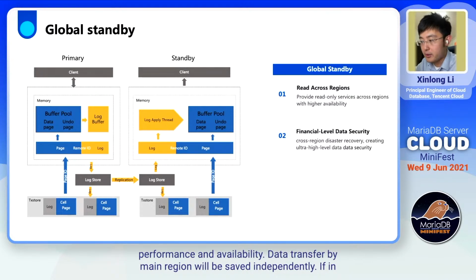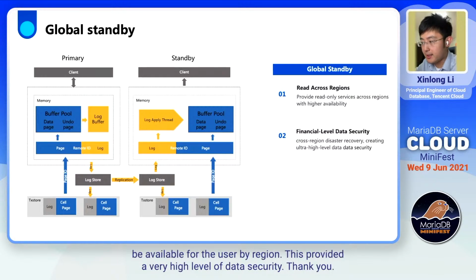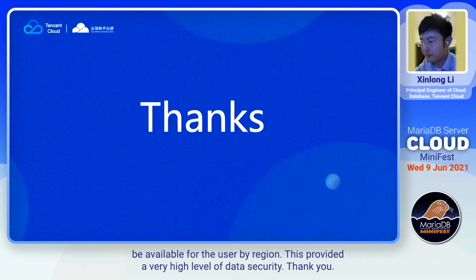Data transferred by the main region will be saved independently. If a catastrophic disaster occurs in the main region, such as an earthquake or war, the data could still be available for users in the standby region. This provides a very high level of data security.